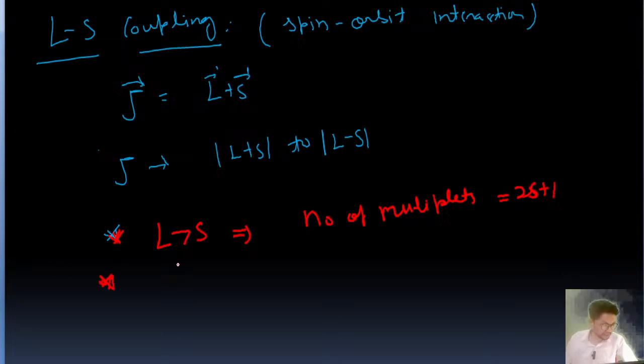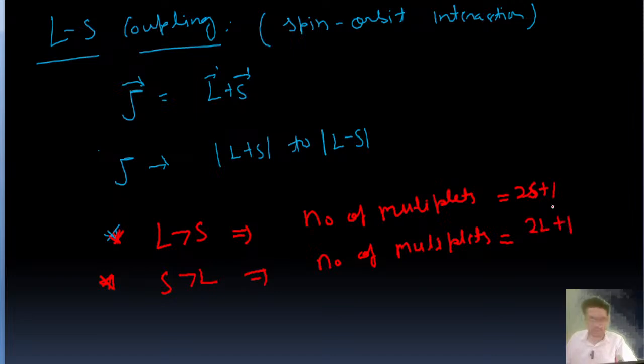Second, if S is greater than L, then L is less, so the number of multiplets is going to be 2L plus 1.